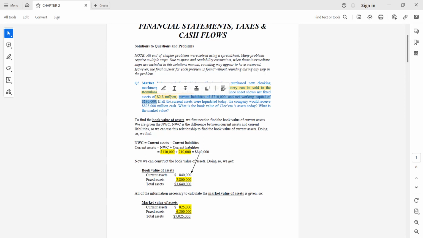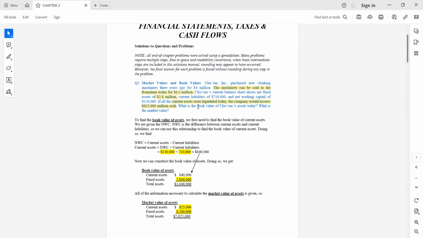It's okay, we'll come to this in a while. If all the current assets were liquidated today, the company will receive 825,000 in cash. What value is this? Market value.